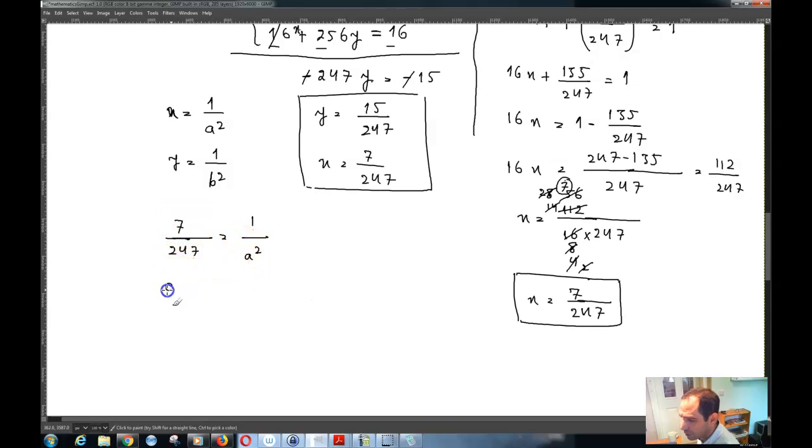That means that a squared times 7 is equal to 247, so a squared is equal to 247 by 7, and a is equal to the square root of 247 by 7.